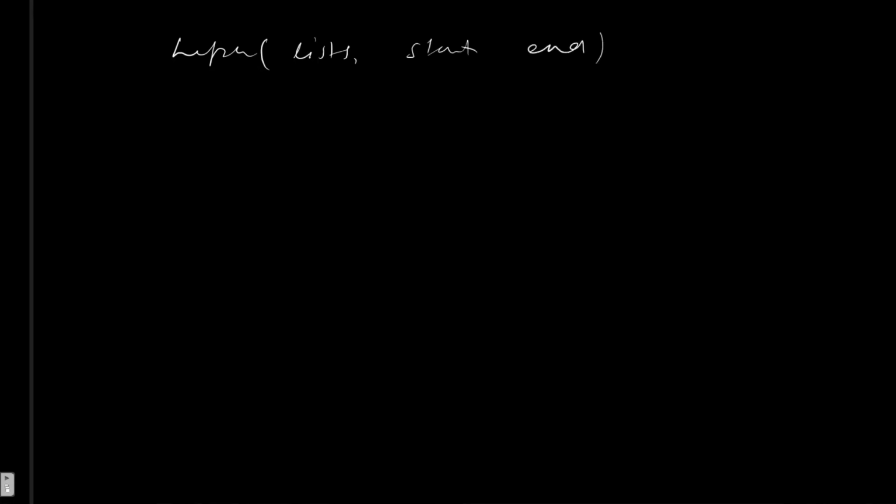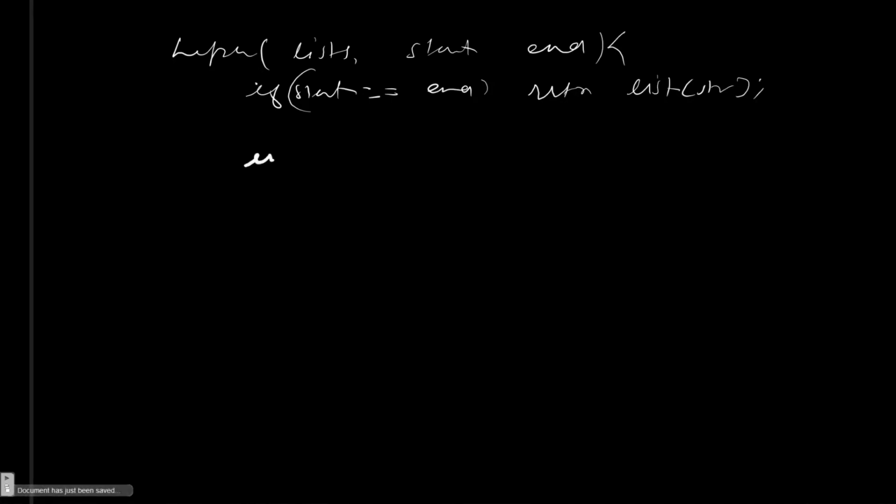Then, if we find that start is equal to end, this is the base case, and in this case we will return list of start. After that we have to write the code similar to what we write in merge sort.